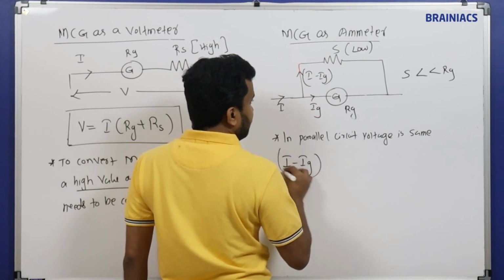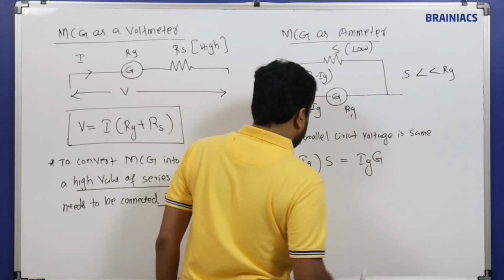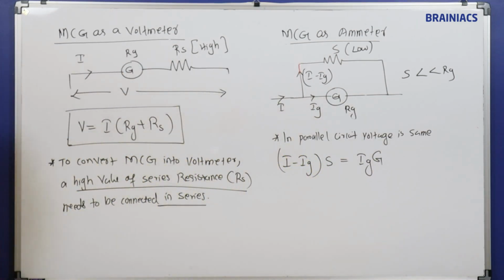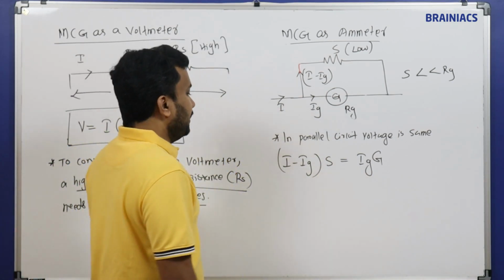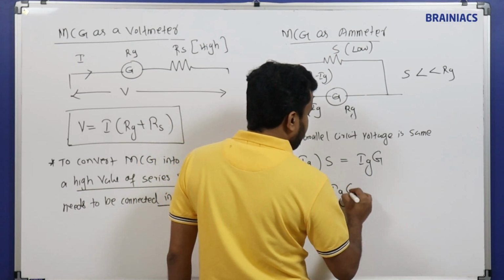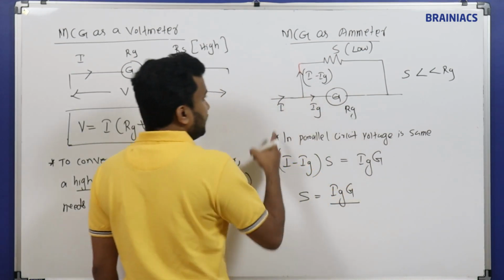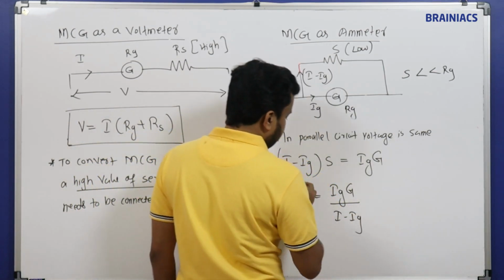(I minus Ig) into S is equal to Ig into G. Here the value of the shunt resistance is given by Ig into G divided by (I minus Ig), where Ig is the current passing through the galvanometer and I is the total current, so I minus Ig flows through the shunt.